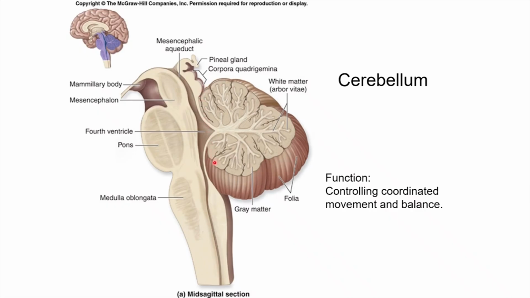In fact, there are some estimates that say that the cerebellum includes more neurons than the rest of the brain combined, even though cerebellum occupies only about 10% of the volume of the brain. So this is an important area with lots of neurons involved in the movement and coordinated actions.